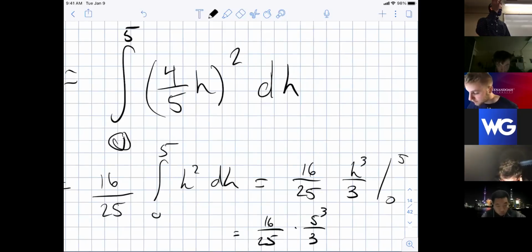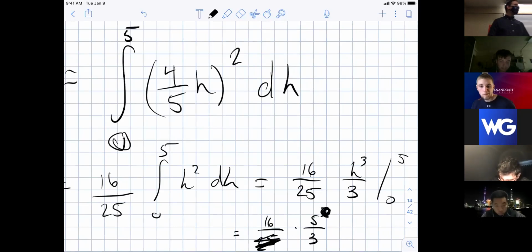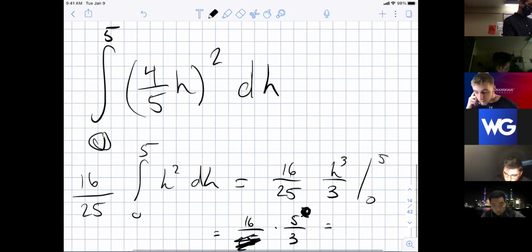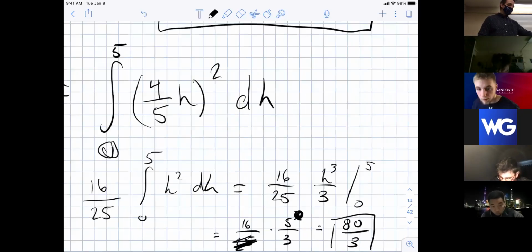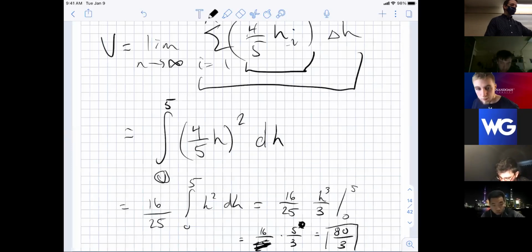When I plug in 0, I get nothing. So 5 cubed over 5 squared just leaves me with 5, like that. And so that's 16 times 5, which is 80/3.